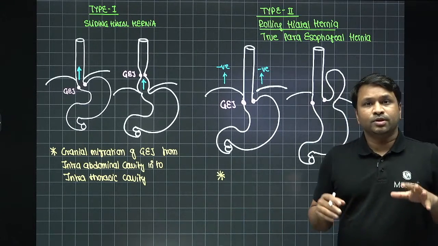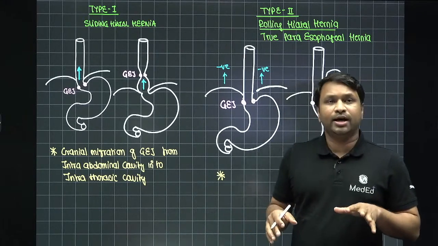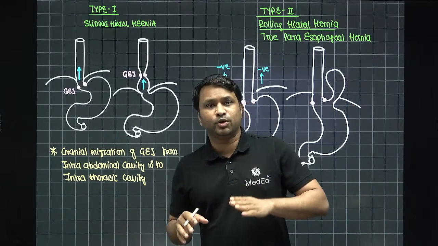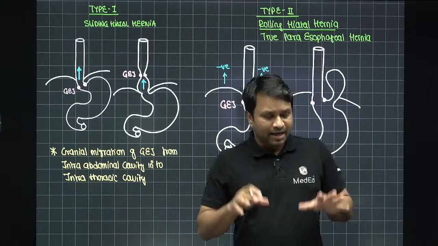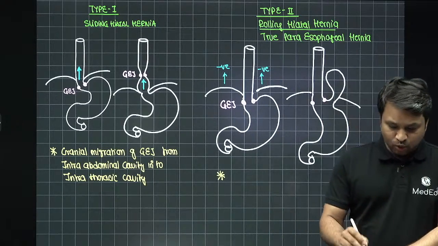Alright guys, so as I was saying, in a rolling hiatal hernia, a part of the stomach is going to invaginate into the thoracic cavity, right? Now, in that context, there are two things that you need to know.